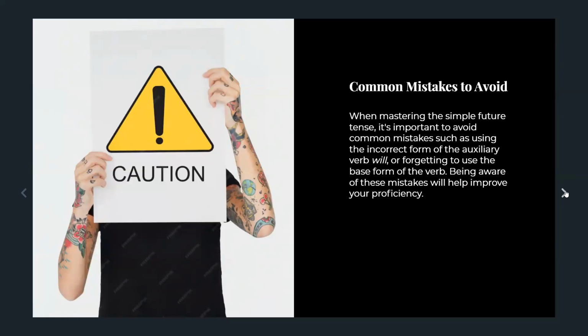When mastering the simple future tense, it is important to avoid common mistakes such as using the incorrect form of the auxiliary verb will or forgetting to use the base form of the verb. What do I mean by this? Sometimes people change the verb. For example, the right way to say it is I will come, not I will comes. That's wrong. So being aware of these mistakes will help you improve your proficiency.